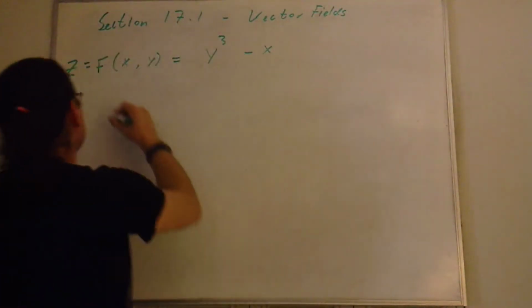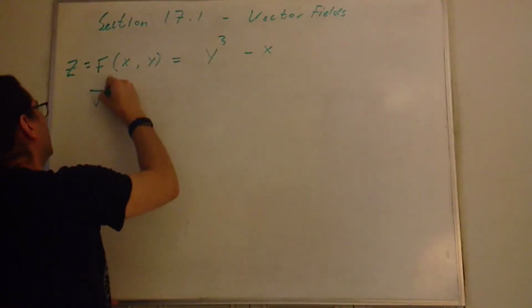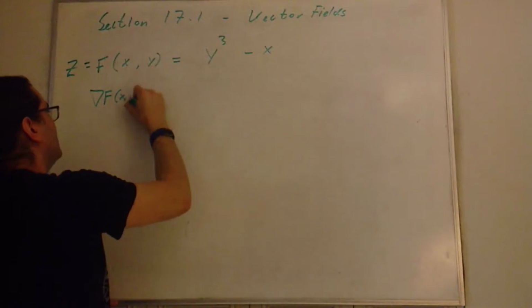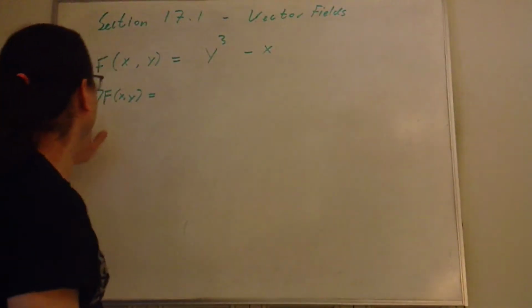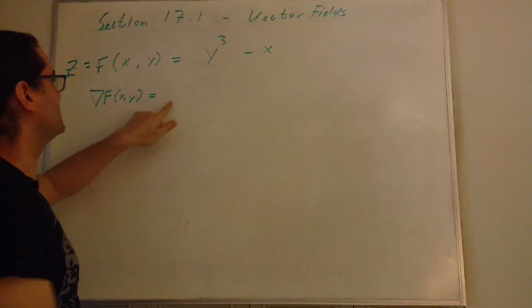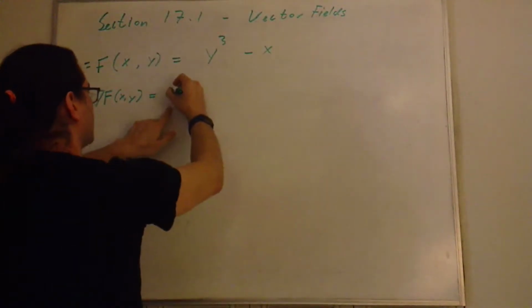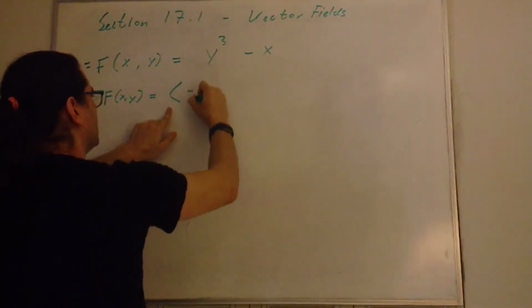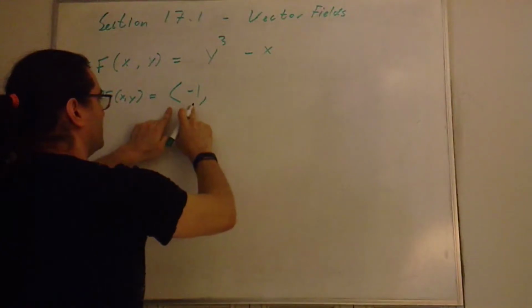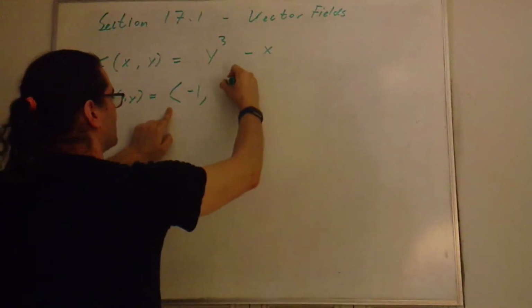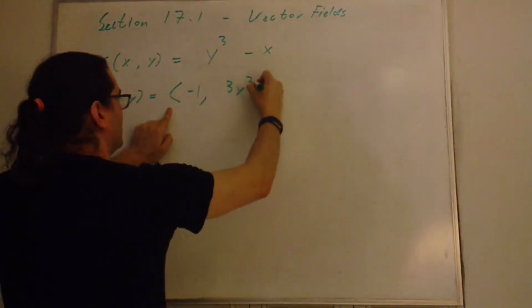And we talked about the gradient of f of x, y being, the gradient of something is the derivative with respect to x, i, the derivative with respect to y, j.